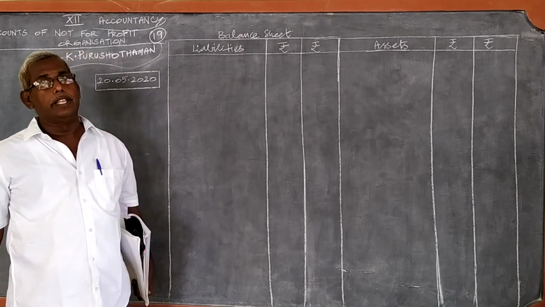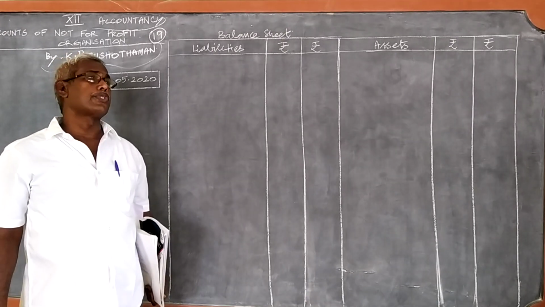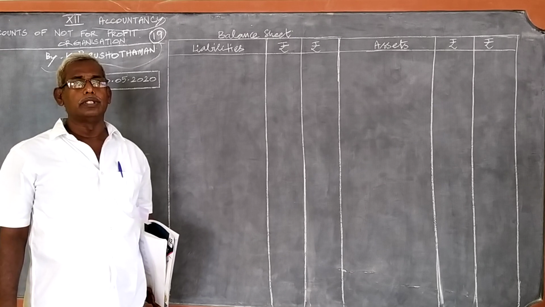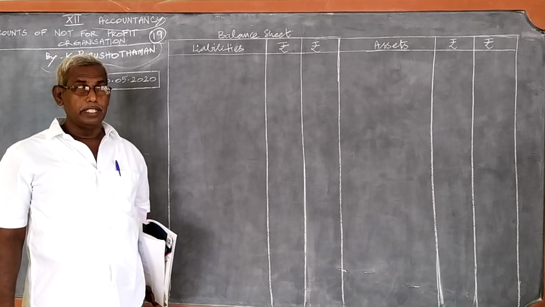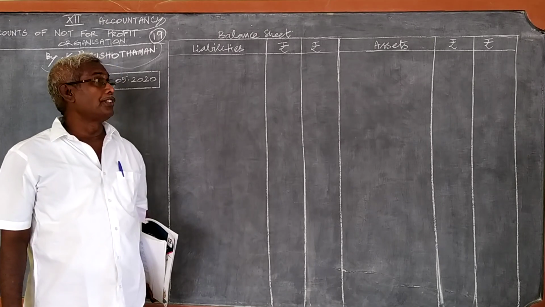In this, I said there are three parts of accounts. One is the receipts and payments account. Second one is income and expenditure account. Third one is the balance sheet.